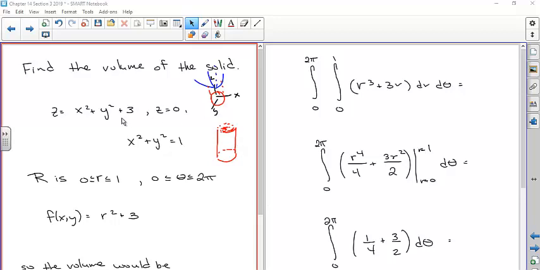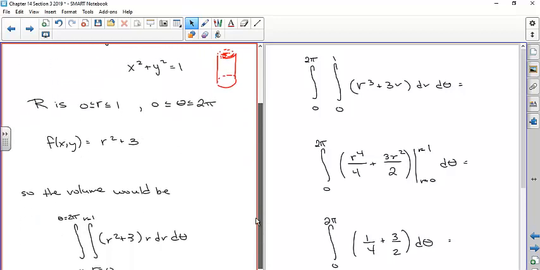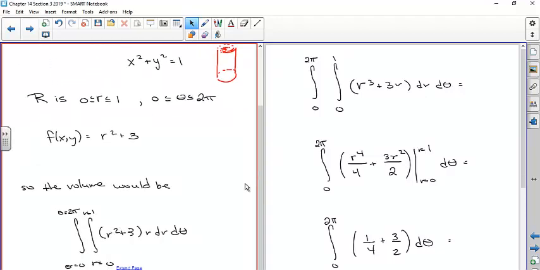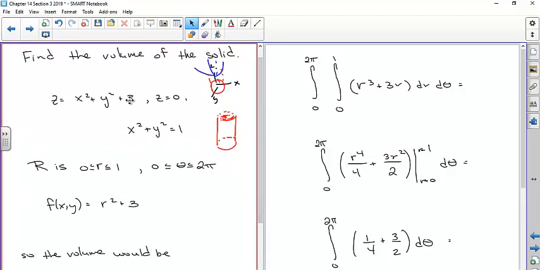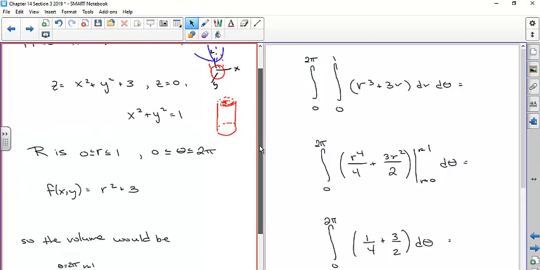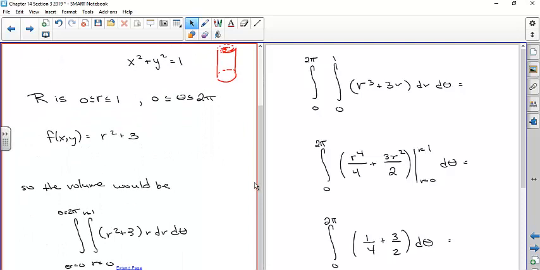So we define the function z, the argument. We replace x squared plus y squared with r squared, and then we have the plus 3, so it's r squared plus 3. And then we replace dy dx with r dr d theta.